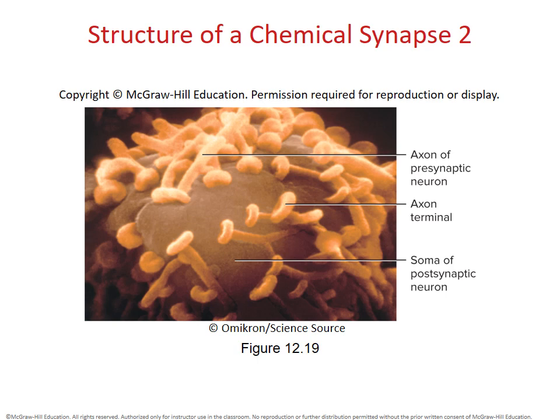Here we see a micrograph of a chemical synapse, and here we're seeing the axon terminals of the presynaptic neurons. These are the axon terminals, the little terminal boutons or buds. And this is the cell body of a postsynaptic neuron. So what you're seeing here would be an axosomatic synapse, not onto a dendrite, but directly onto the body of the postsynaptic neuron.